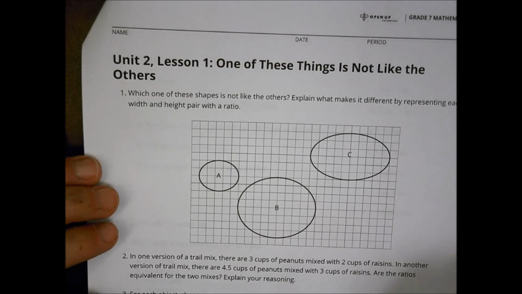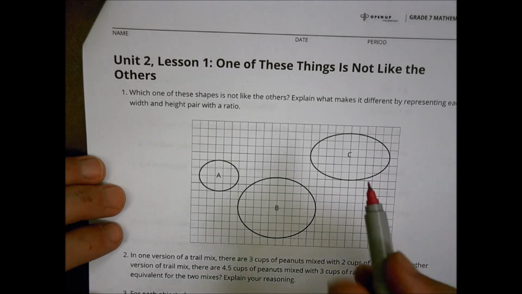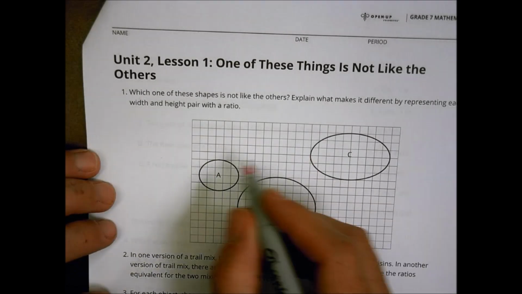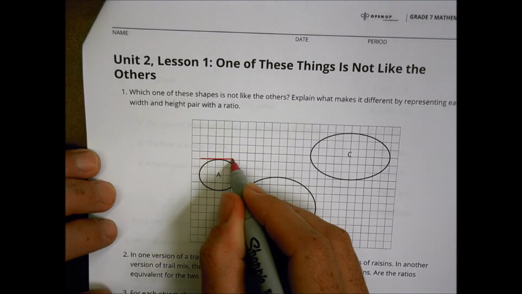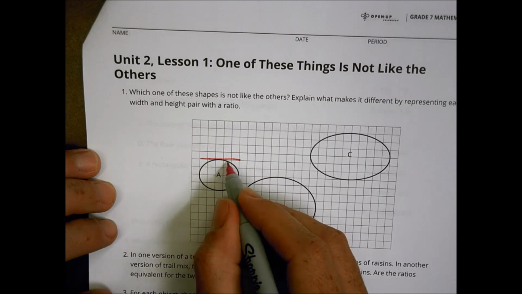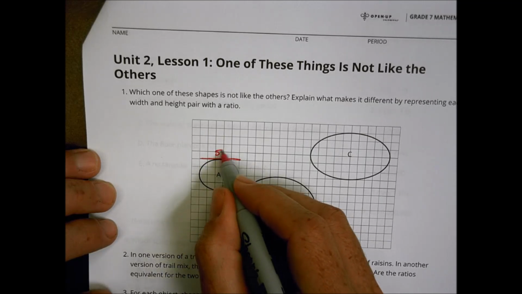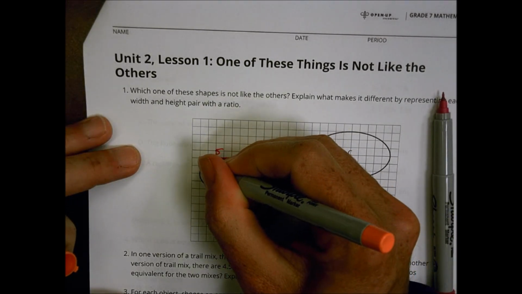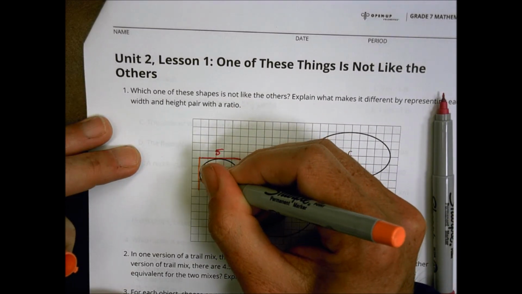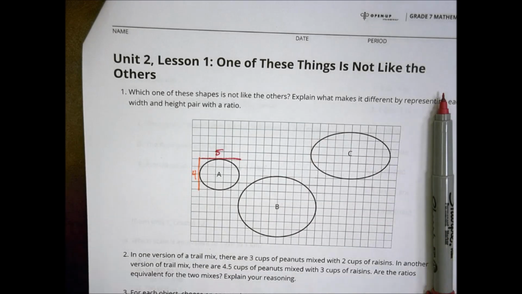And with this shape, number 1, we have a length across here, this way, of 1, 2, 3, 4, 5. And we have a height here of 1, 2, 3, 4. So 5 to 4 with that one.